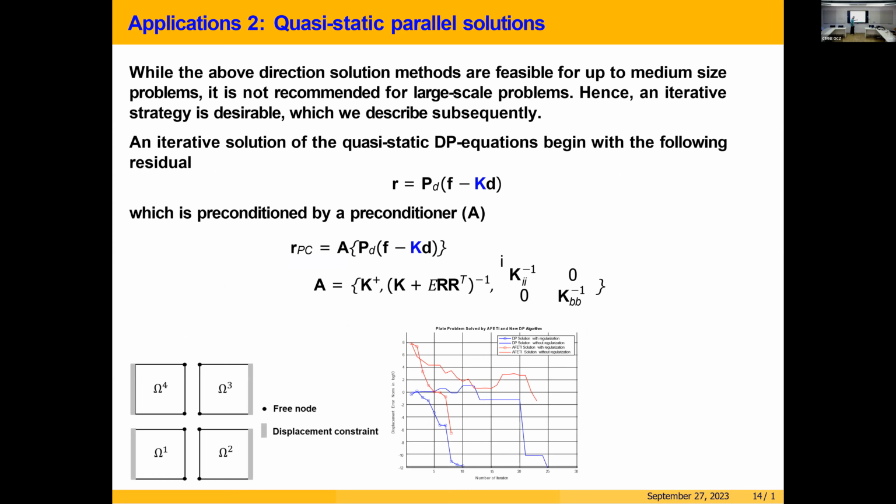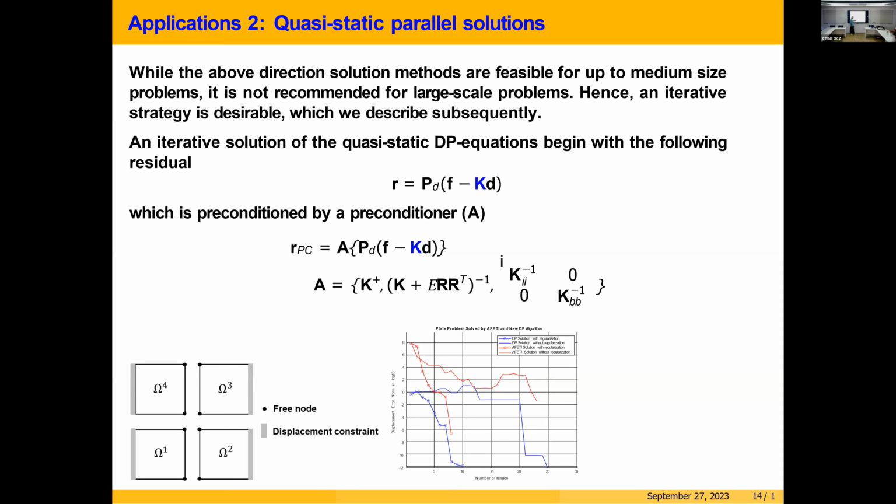Without regularization, same as a TP iterative solution, it doesn't really converge. The DP does converge after so many iterations, something like 20, which is ridiculous. But FETI without regularization doesn't converge. With the regularization, it does converge, but this is not the residual norm. This is a displacement error.